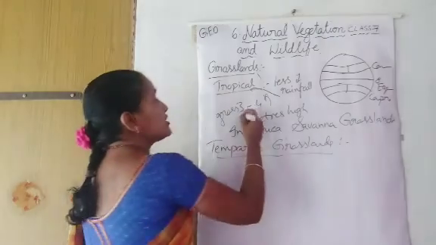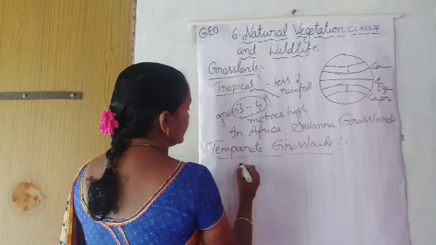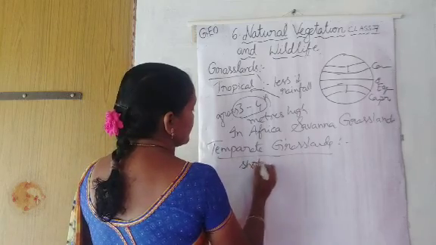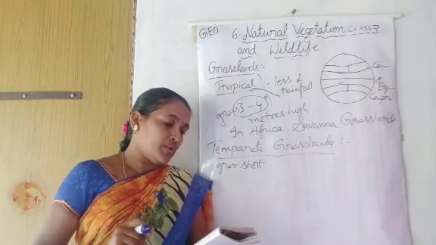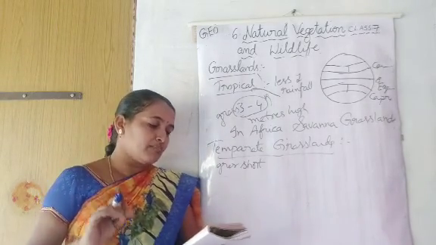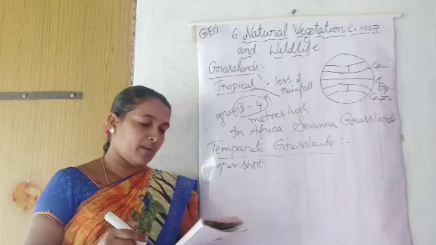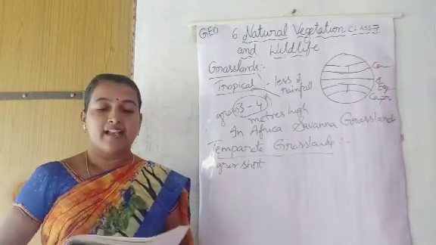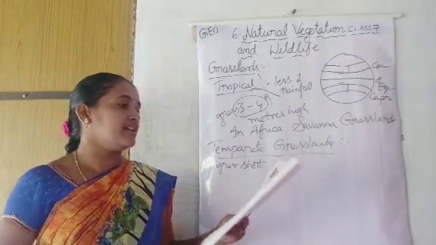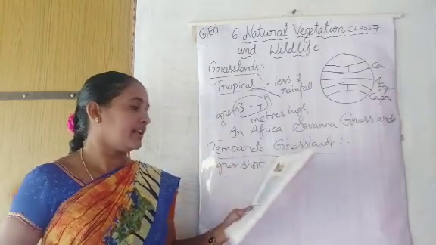There the grass grows 3 to 4 meters high, but here the grass is short. Usually, wild buffaloes, bison and antelopes are common in the temperate region.